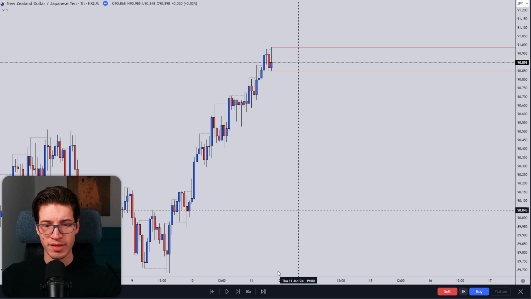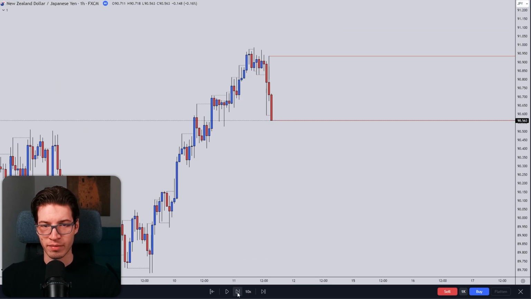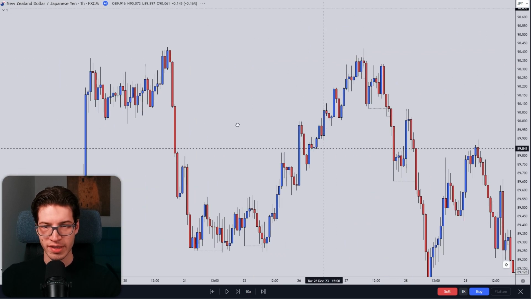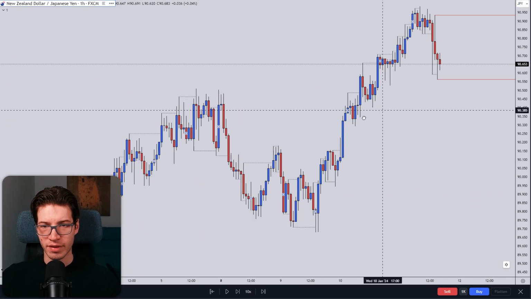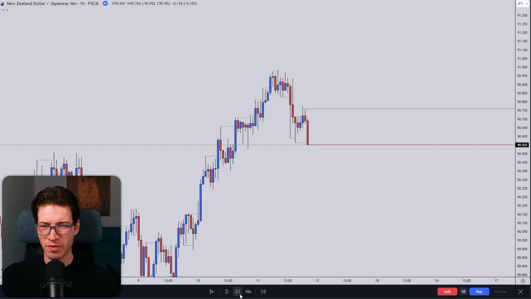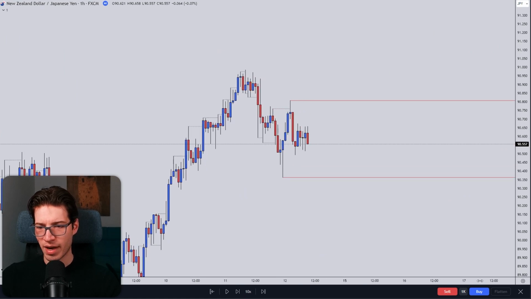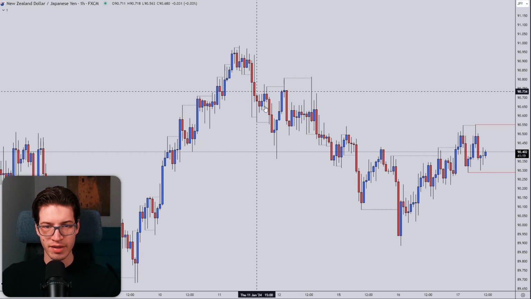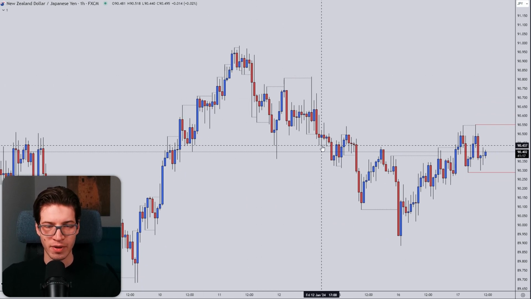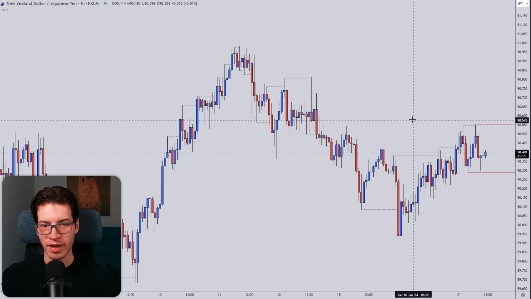But this time price did not reverse with some strong momentum, with some strong bearish pressure. Okay, you can see the strong bearish pressure here. But in this scenario, we just got a bit of corrective, a bit of a range bound price action. So that negated the ascending, okay?